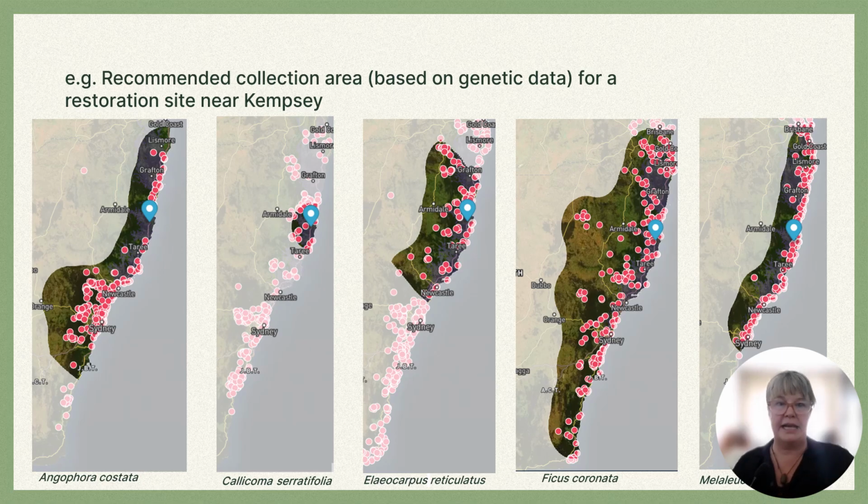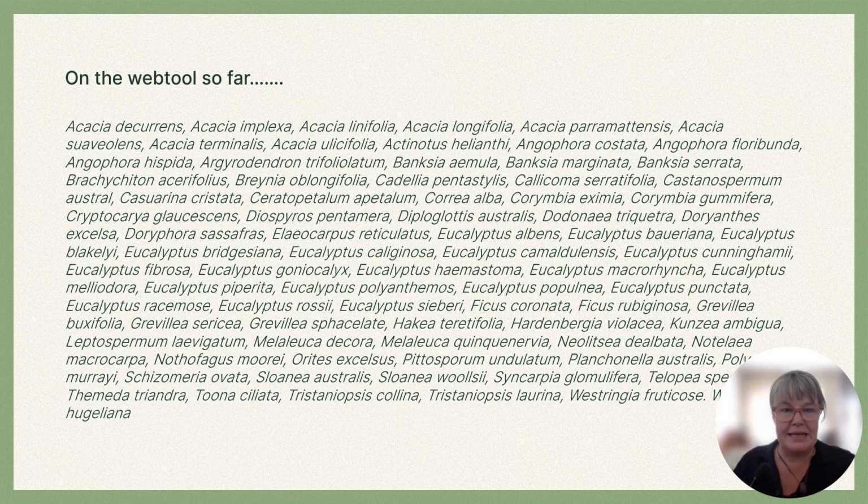And here we have genetic collection areas for 3 other species, all very different. So here's a list of species on the web tool so far. There's more than 80 species, and when version 2 of the web tool is launched later this year, we'll have close to 100 species. And over the coming years, we hope this will grow to many hundreds.